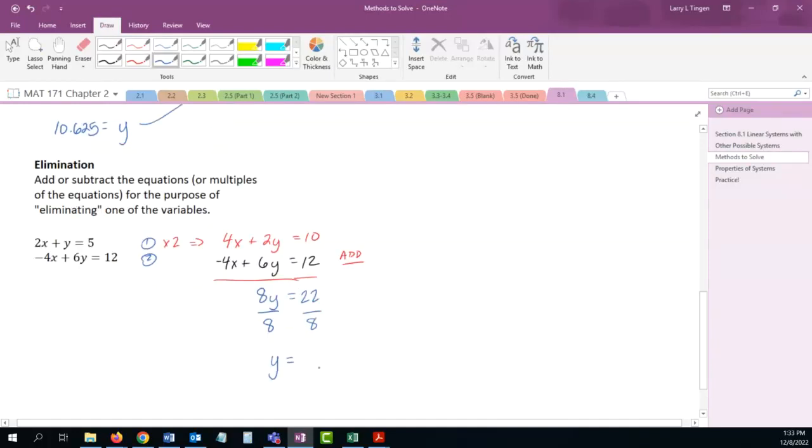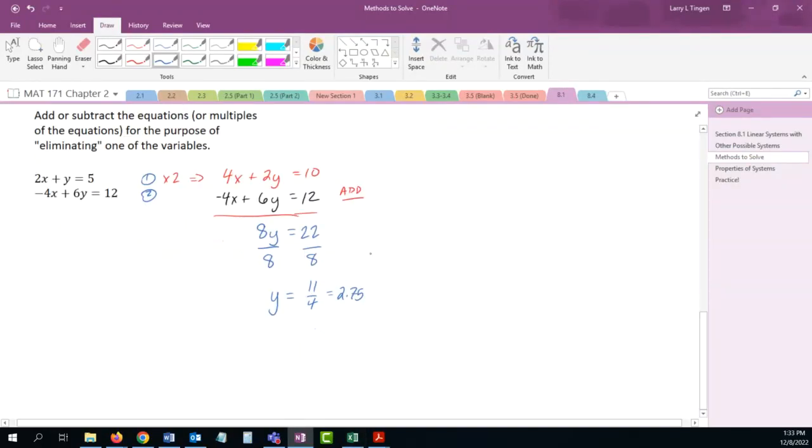So y is equal to 22 over 8, which is 11 over 4. All right, and I'd say, well, let's just make that a decimal to make our lives easier. That is 2.75.